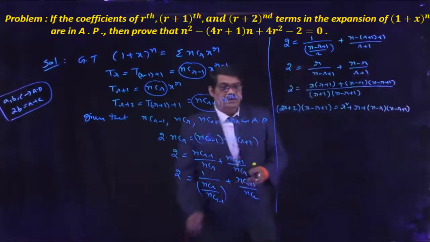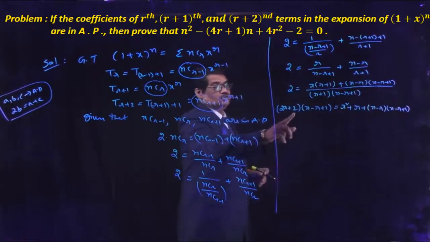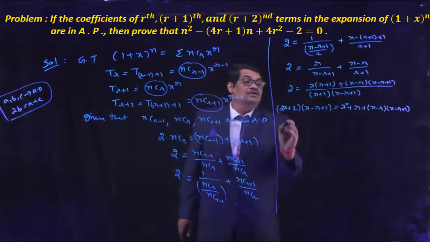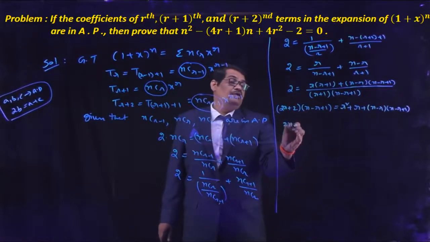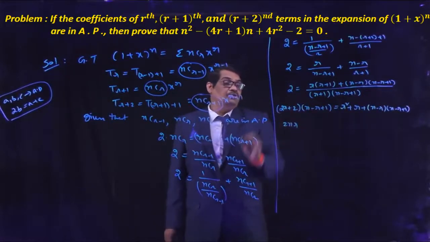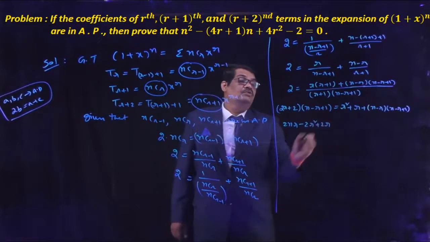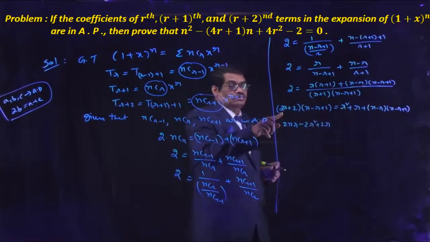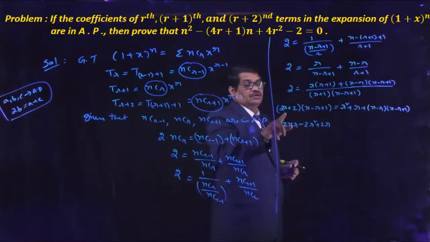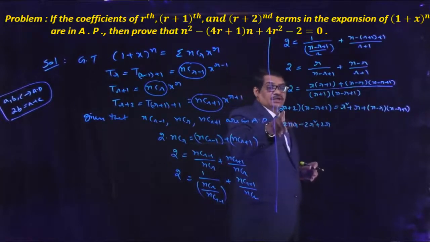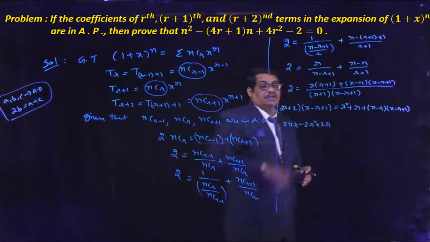Okay. Now we are simplifying (2r plus 2) into (n minus r plus 1). Multiplying by 2r, 2 into n into r is 2nr, minus 2r into r, minus 2r square, plus 2r into 1, that is 2r.